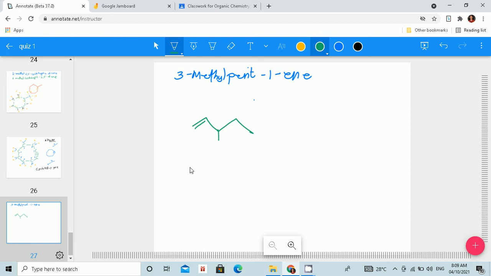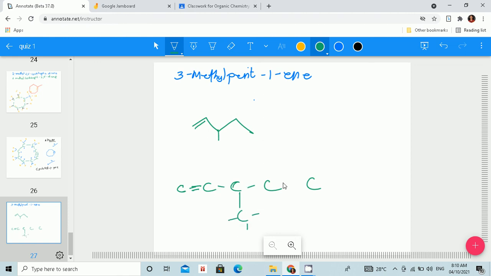And then what about the complete structure? Okay, for the complete structure, we have pentane. So 1, 2, 3, 4, 5. And then in carbon 1, we have the triple bond. Then at carbon 3, we have methyl. Okay, so we have here CH3.